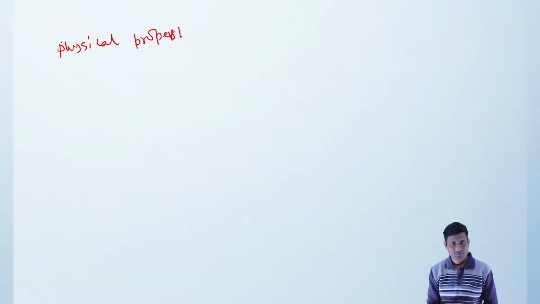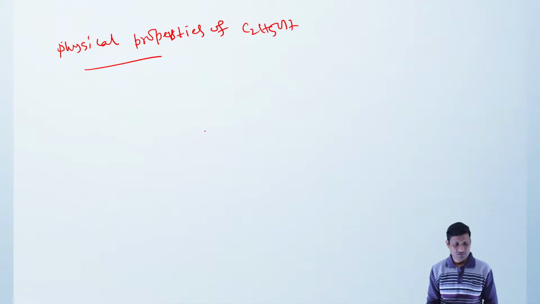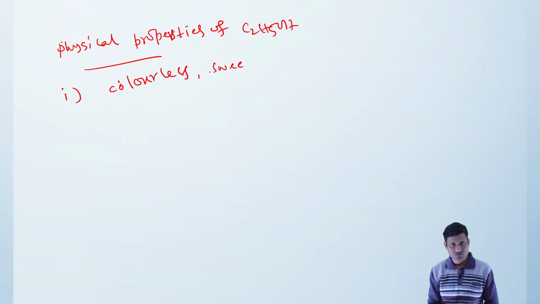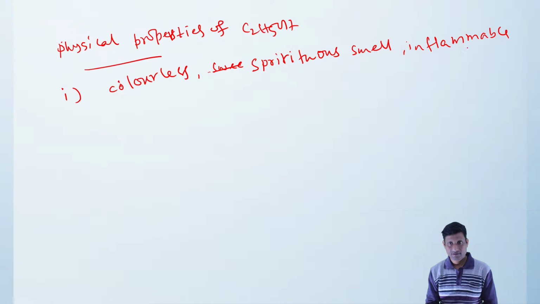Okay, so now we learn about a few physical properties of ethanol. तो इसमें क्या होता है जो फिजिकल प्रॉपर्टीज उसमें जो फर्स्ट दिस इज ए कलरलेस and with the sweet smell, or not exactly the sweet, so maybe it is like a smell like a spirit, we call the spirituous smell, and with flammable character, that is inflammable in nature.